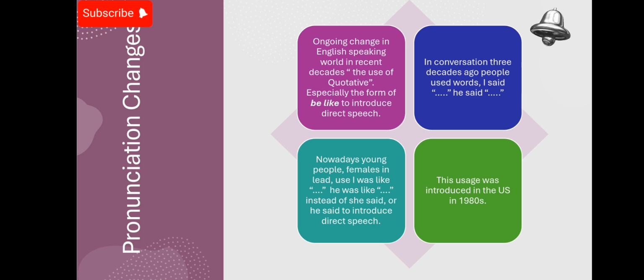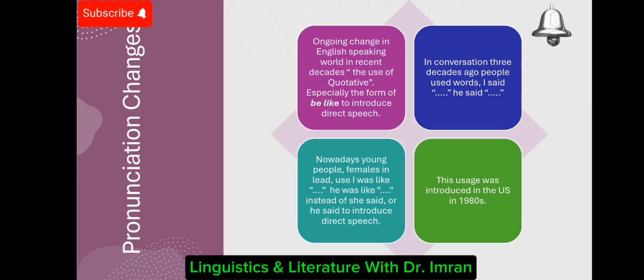Let me first discuss. Before 1980, when you were introducing a direct speech, you would say he says, or she says, or you would write he said and she said, and then you would put something in quote marks if that was a direct speech.